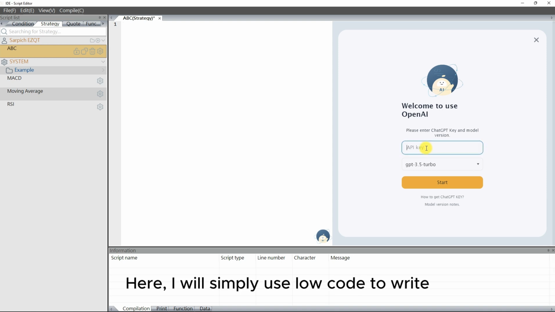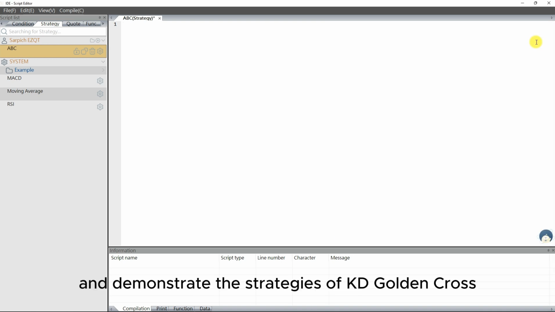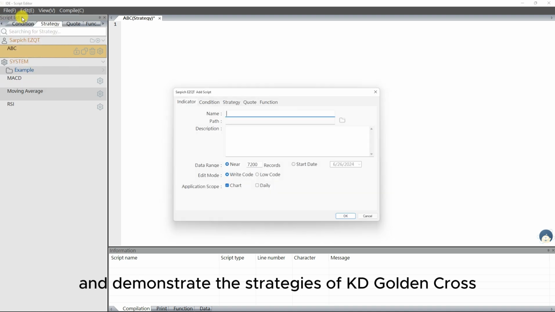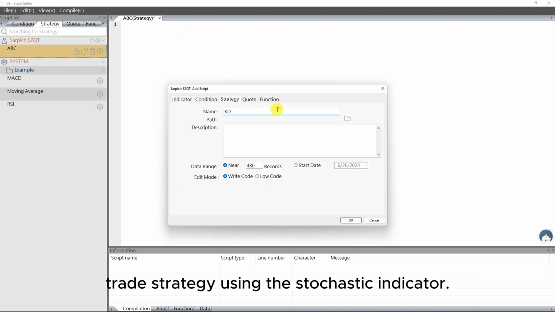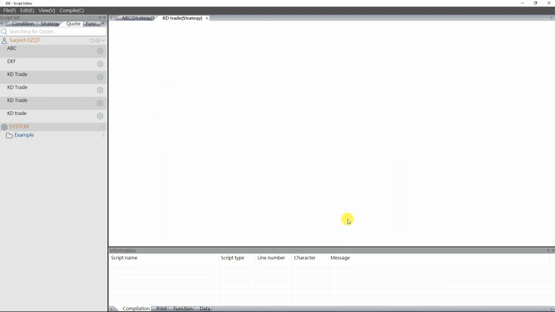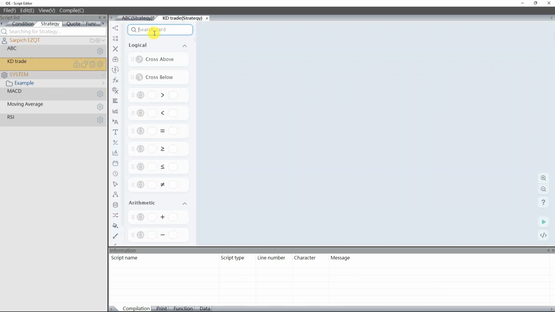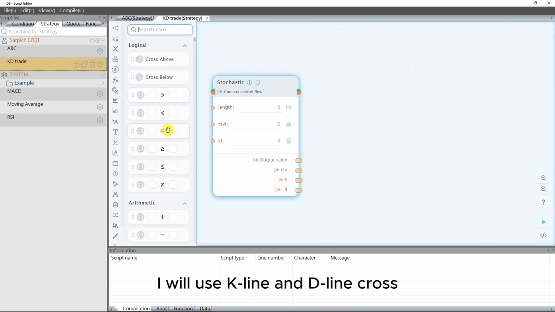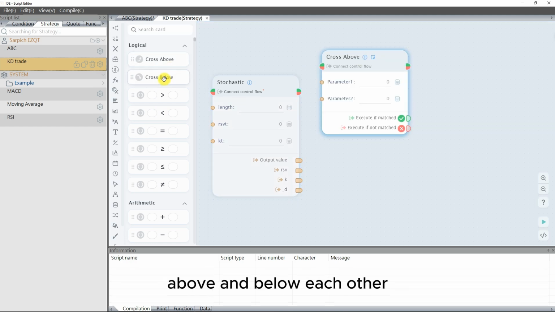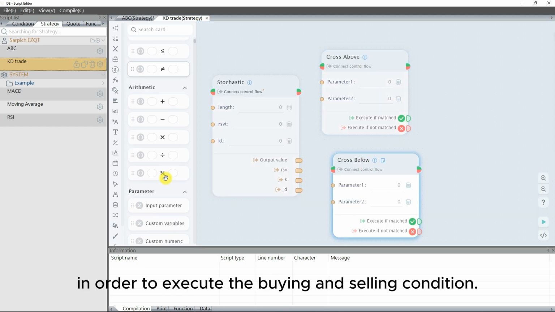Here I will simply use low code to write and demonstrate the strategy of KD Golden Cross buying and selling. Let me try to create a KD trade strategy using the stochastic indicator. With this specific indicator, I will use the K-line and D-line crossing above and below each other in order to execute the buying and selling conditions.